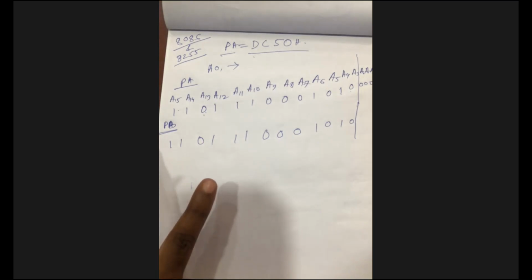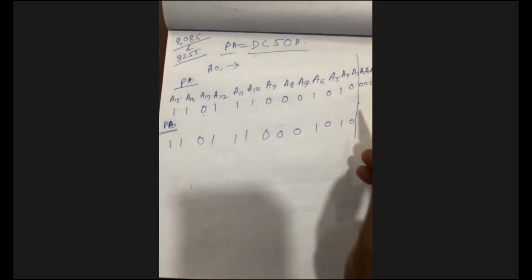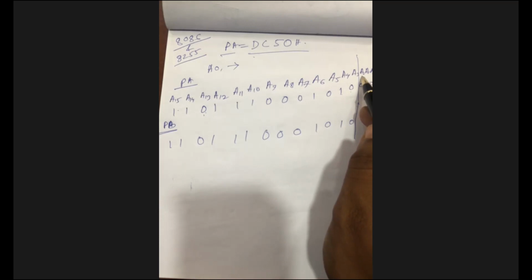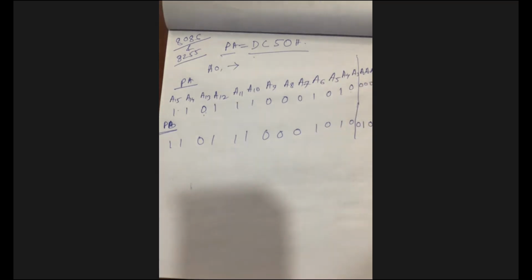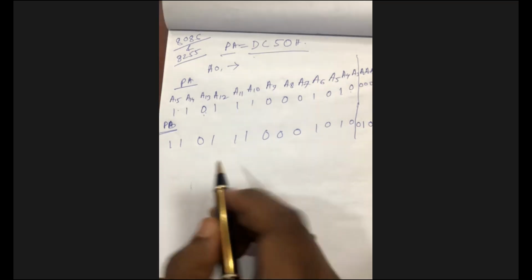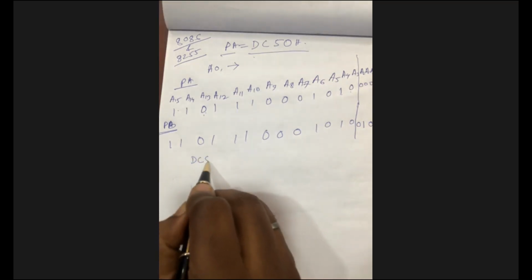Is it clear? Yes, sir. A0 is not connected, so A0 is also 0 over here. Next, only A2 and A1 will be changed. For PB it will be 0, 1. So what will be the value? DC52, I think.